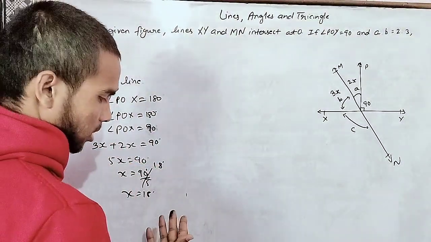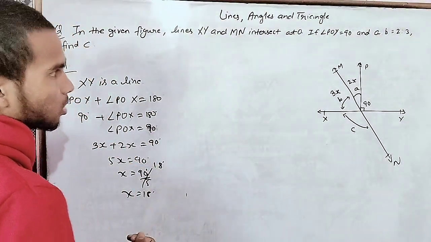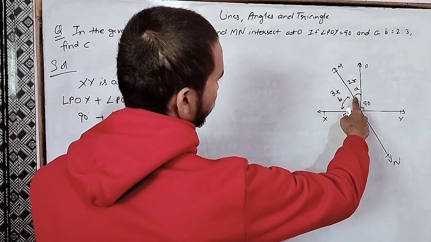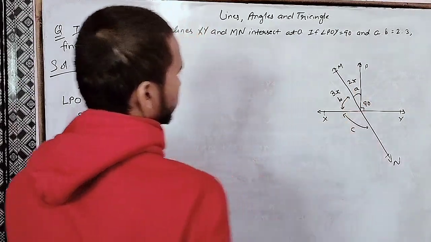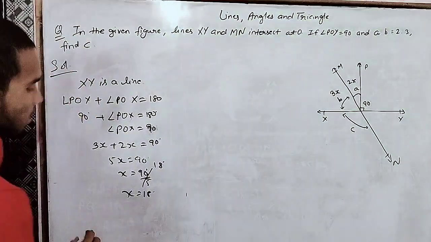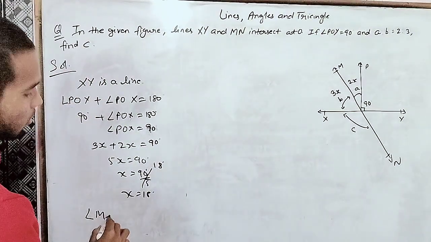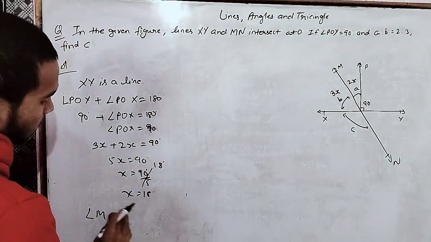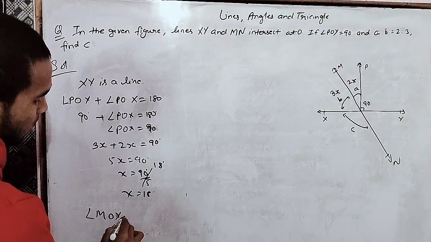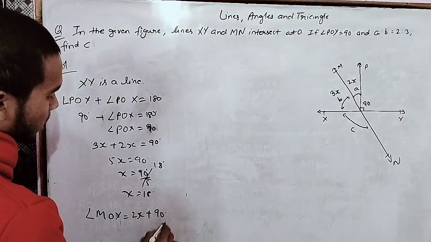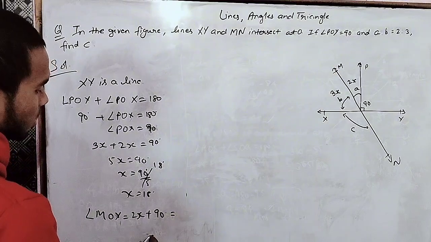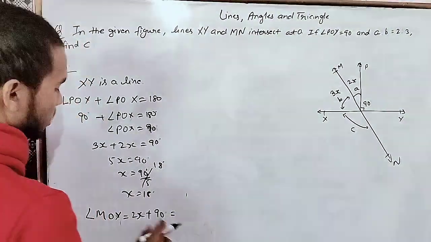So here the value from here till here will be what? 2x and 90. So can we write angle MOY is how much? 2x plus 90.